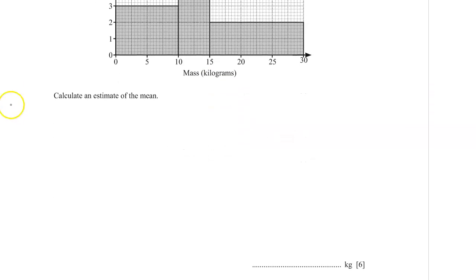Calculate an estimate of the mean. We need a class and the frequency.